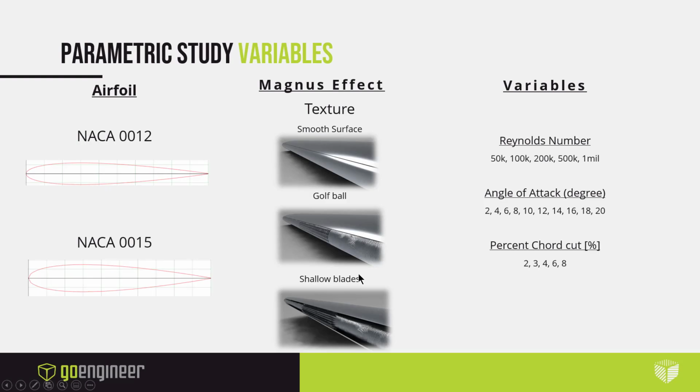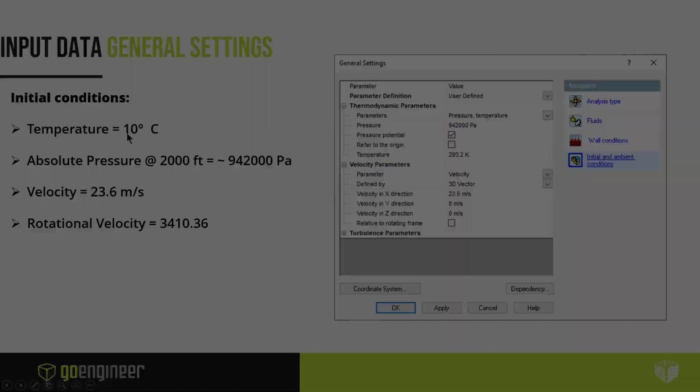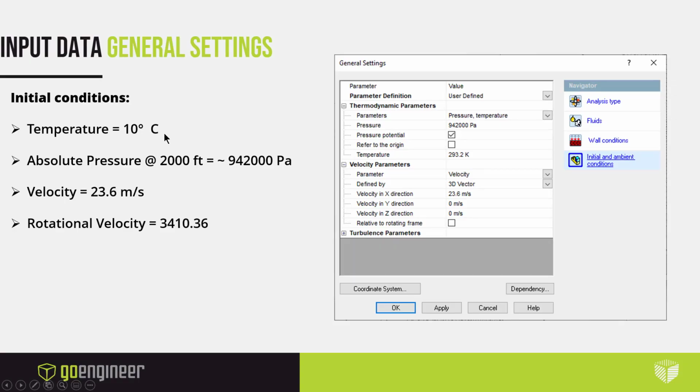All right, so next I'll show you how I took on this task with just SOLIDWORKS CAD modeling and flow simulation. The input variables I went with were 10 degrees Celsius, and I set my pressure to 942 Pascal, which is roughly at an altitude of 2000. Then, using an equation in an Excel sheet, I was able to calculate the velocity based on the Reynolds number.